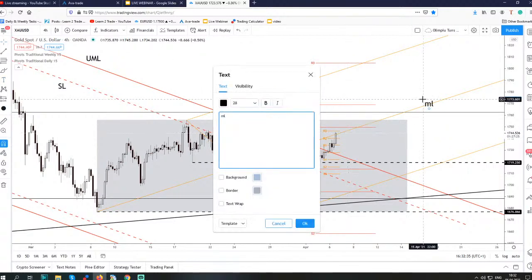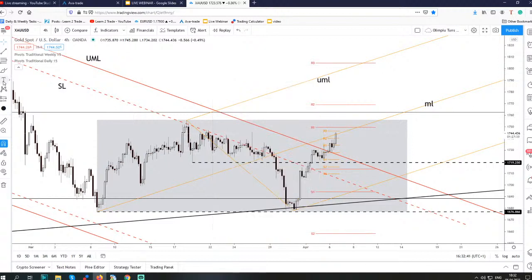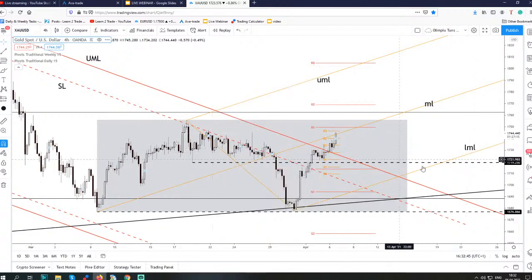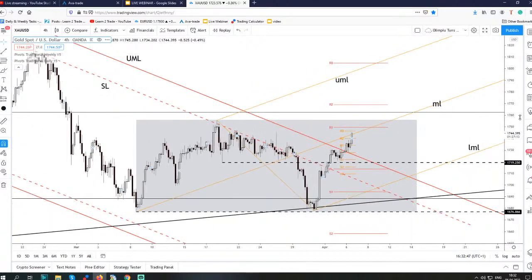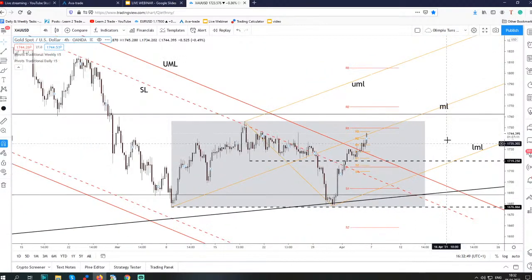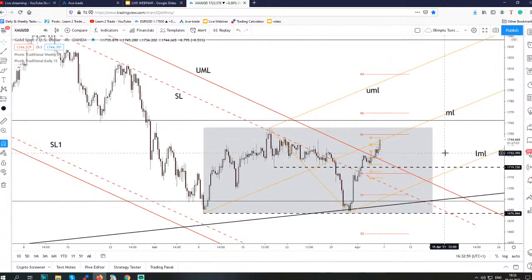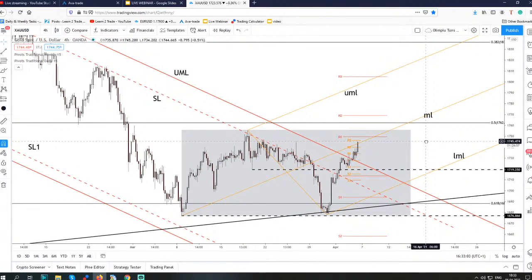Okay, upper medium line, lower medium line. It will be very important here for the price to stabilize right above the medium line and also to take out the weekly resistance to be able to continue higher and to get out from this range here.